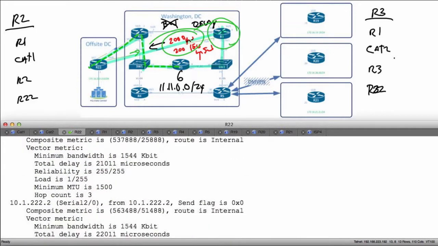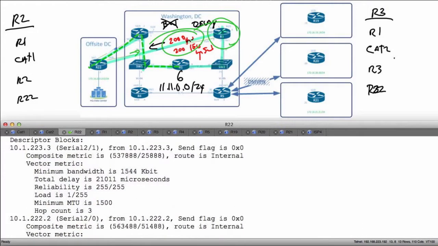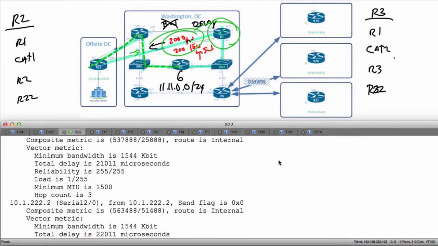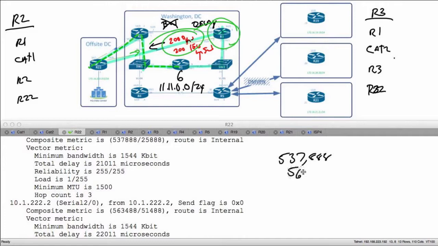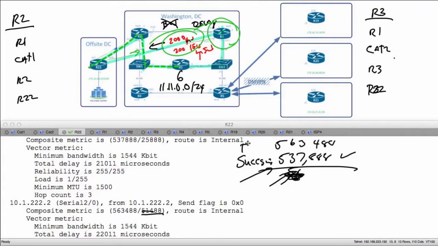So mathematically, if I take 537888 and I take 563488, just looking at this, we can tell that we're a good 20 to 30,000 off with regard to that value. This one being the lowest, that's going to be the successor. This one, whereby the advertised distance of this one right here, which is 51488, is less than this value, so this is going to be a feasible successor.